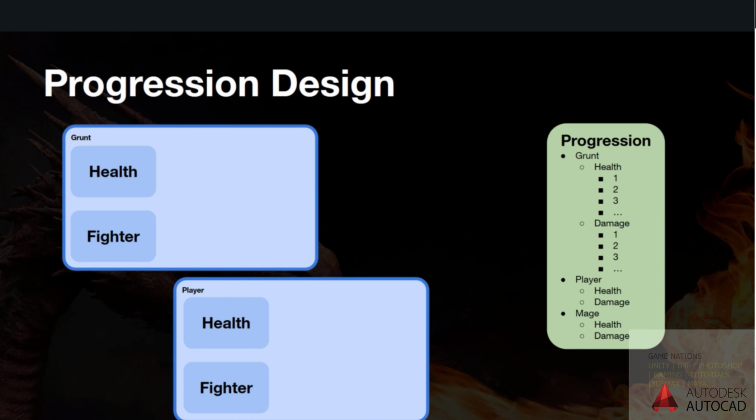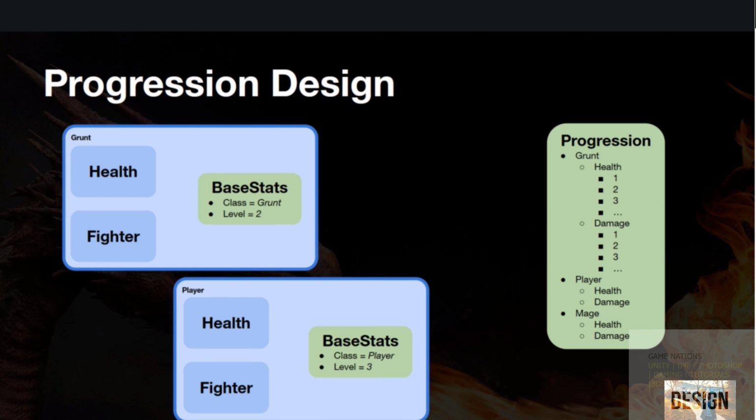And then what we need to do to tie these two things together is to introduce this base stats mono behavior on our grunt and on our player, which basically says, hey, I can provide you these stats from progression if you tell me what my class is.